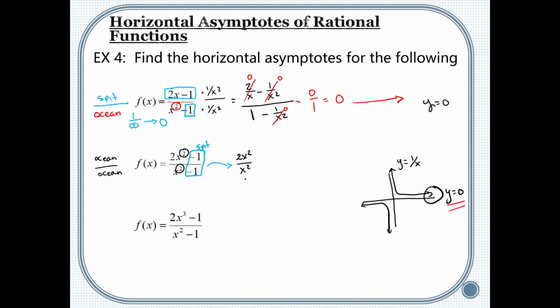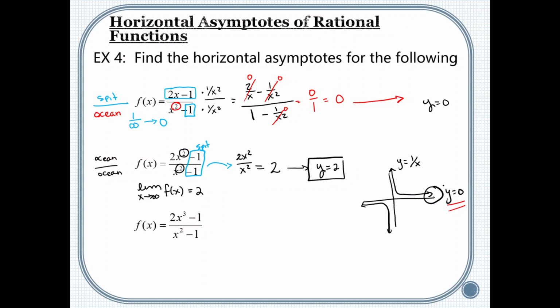The controlling piece is all I'm concerned with. Well, that's going to reduce to 2. So my horizontal asymptote is at y equals 2. What we're actually doing here is some calculus. We're taking the limit as x goes to infinity of our function, which will equal 2.